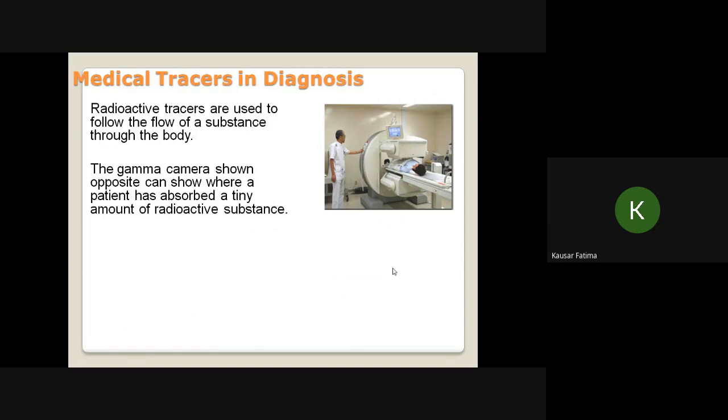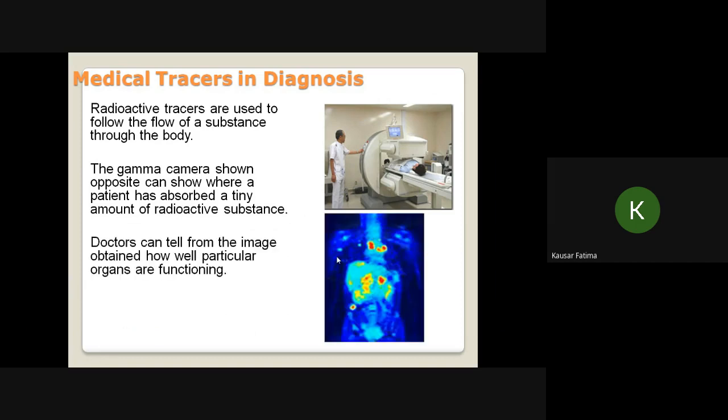When it is examined from the outside using a GM tube or a gamma ray camera, that part can be seen, because this part will be emitting more radiations. So doctors, by seeing this image, can tell how the particular organs are functioning.